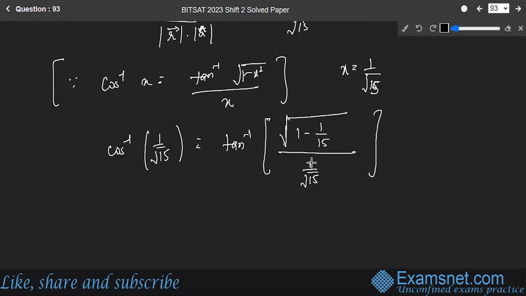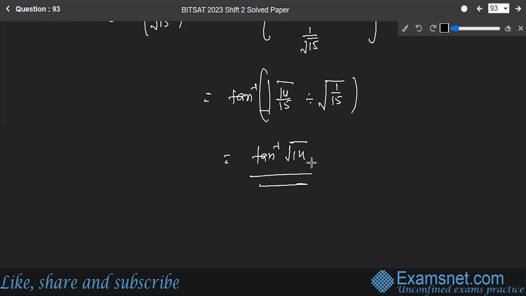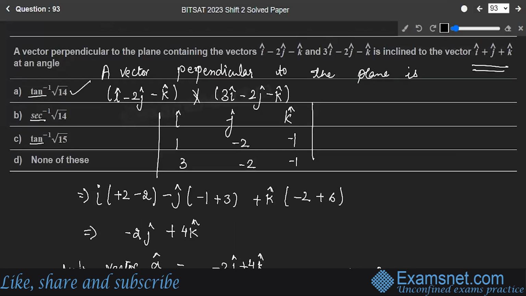So this is equal to tangent inverse root of 14 upon root of 15 divided by root of 1 by 15. So this will be equal to tangent inverse of root 14 only. So that's it. You have option A as the right answer.